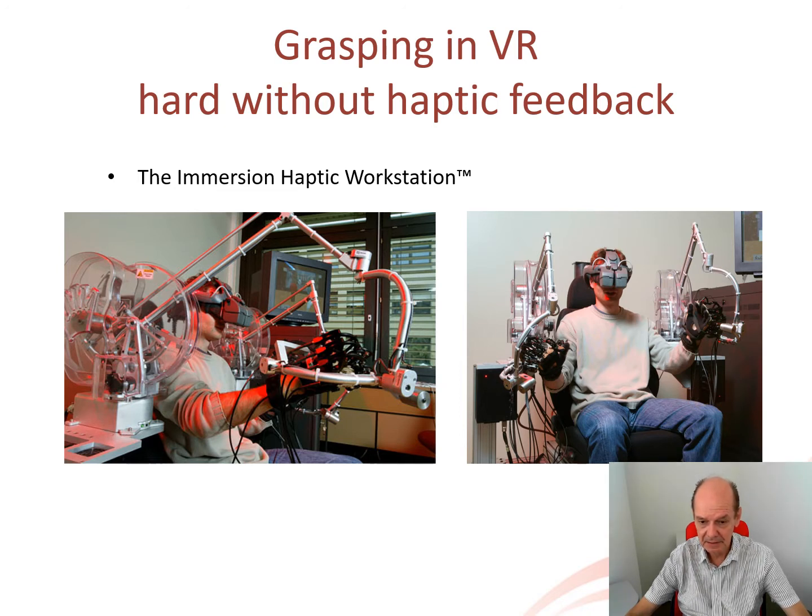So we can enter the fingers inside the object. To prevent this, we can develop a haptic feedback. And this is only possible with very heavy hardware, like you can see here, where this device allows us to feel the forces in the wrist.